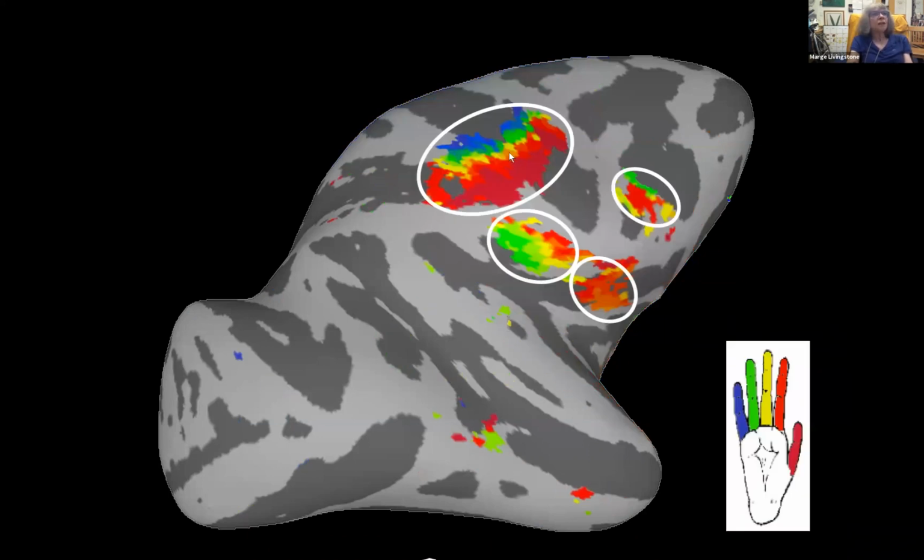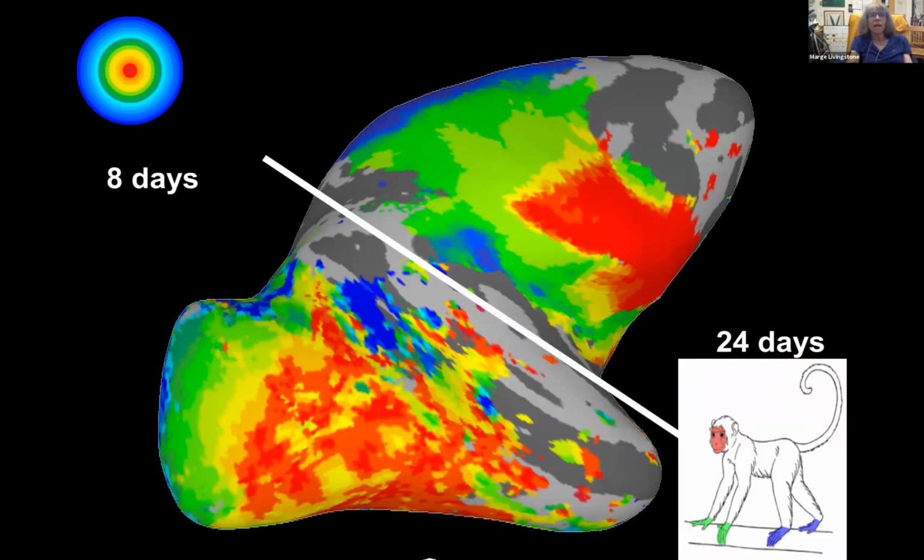You can even see finger maps, which indicate that the body map is actually multiple mirror image maps of the body. And if you combine the visual and the body maps, plus the fact that this bit right here is multiple auditory tonotopic maps, then more than half of the newborn monkey brain consists of maps of the sensory periphery.